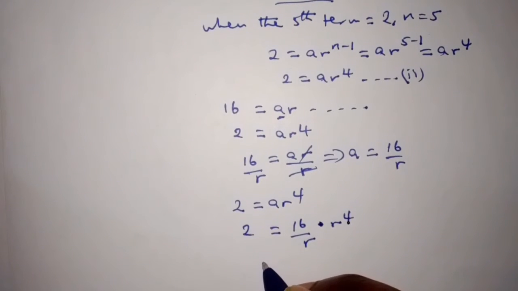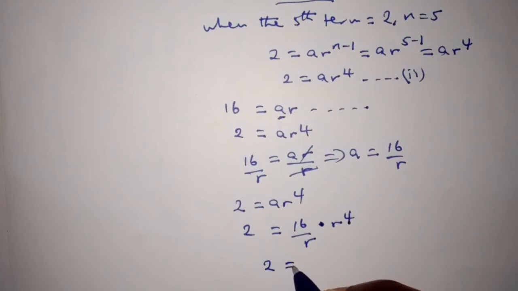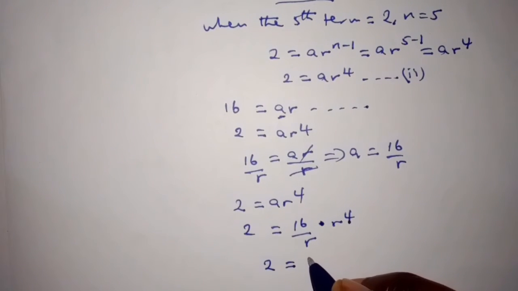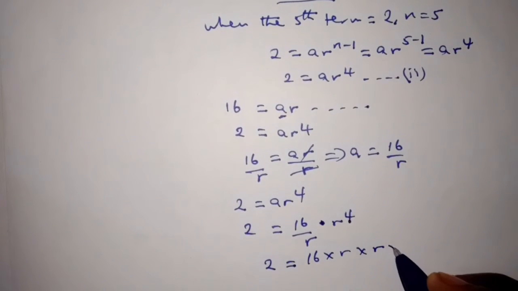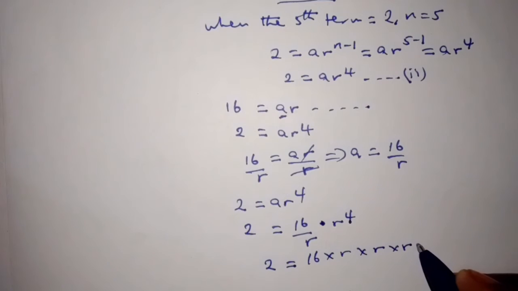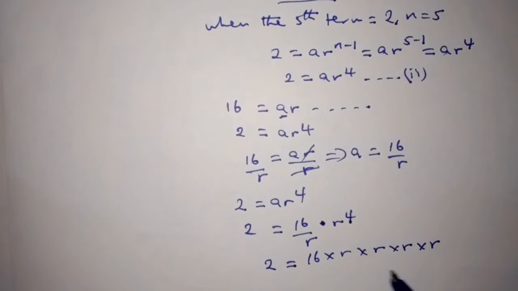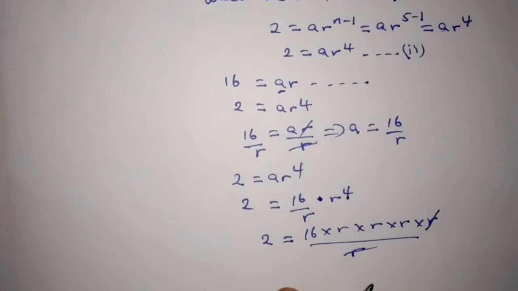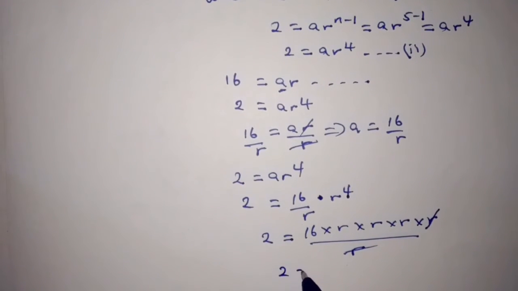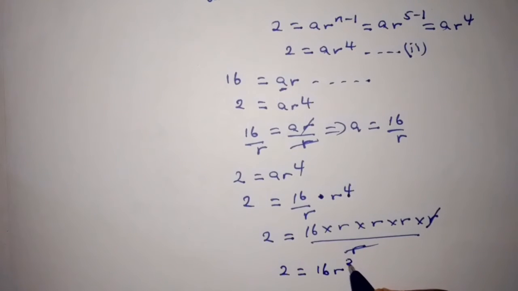So this is giving us 2 is equal to 16 times r times r times r times r over r. r is going to cancel r here. 2 is equal to 16 r power 3.